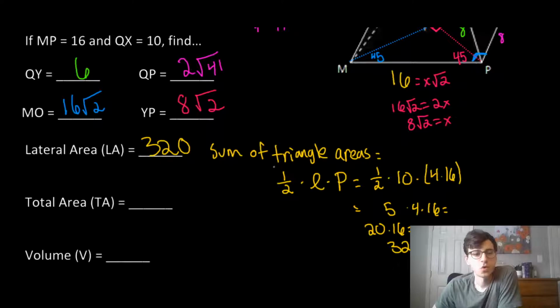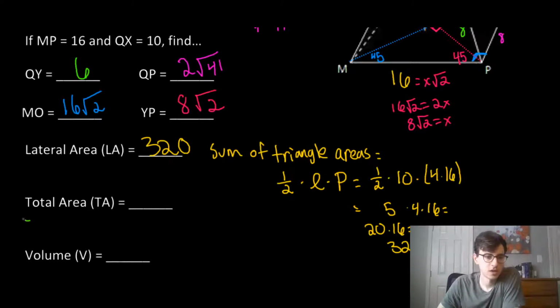Okay, the total area is the lateral area plus the area of the base. So the area of the base is, remember for a square, it's just side squared. So total area, I know I don't have a lot of room here.